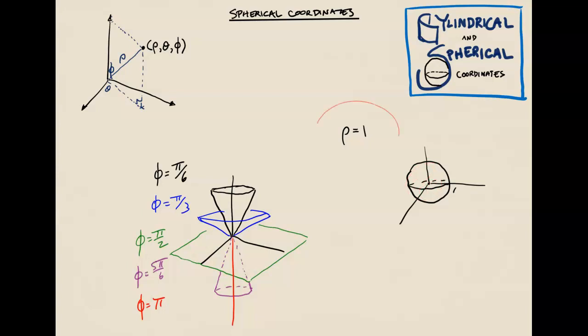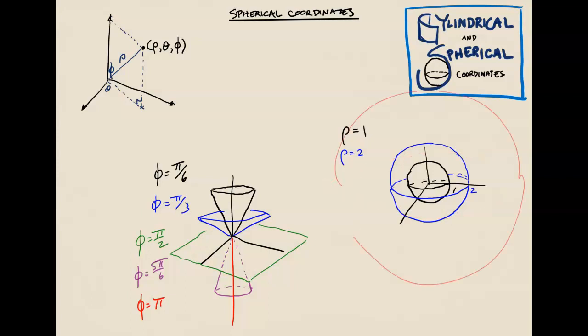But that's just saying that its first spherical coordinate is 1. Similarly, if we were to look at rho equals 2, that would be this sphere centered at the origin with radius 2. And you get the idea. Rho equal any positive constant would give us a sphere centered at the origin where the constant is the radius of the sphere. So spherical coordinates are wonderful for spheres, and they're quite nice for cones too.